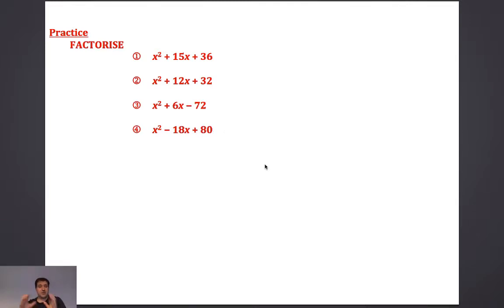So in fact, they've both got to be minus numbers, and you're going to have minus 8 and minus 10. Minus 8 times minus 10 gives you plus 80, because minus times minus makes plus. And then minus 8 add minus 10 gives you the minus 18. So your brackets for this one are going to say x minus 8 and x minus 10.